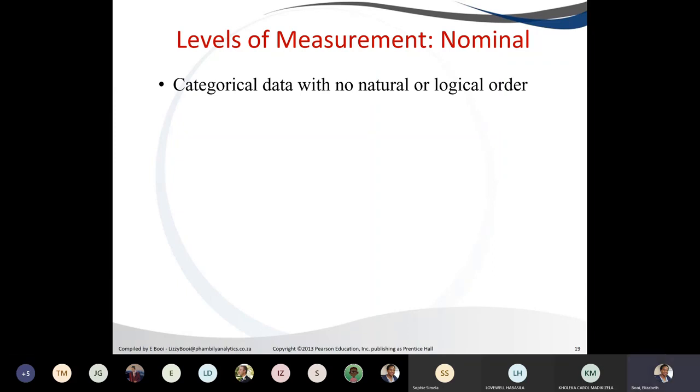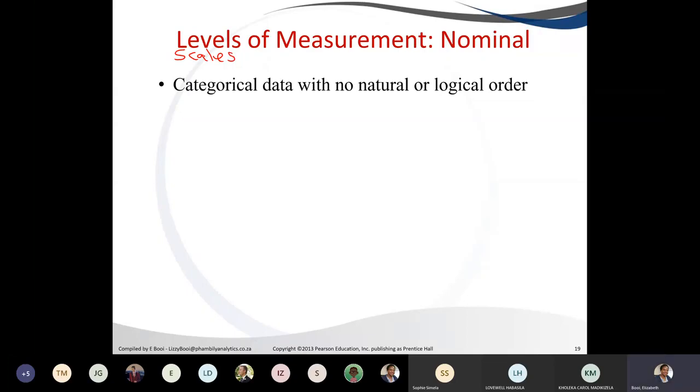For qualitative or categorical data, there are two scales or levels of measurement. You will hear me talk about scales of measurement or levels of measurement. They interchange them.